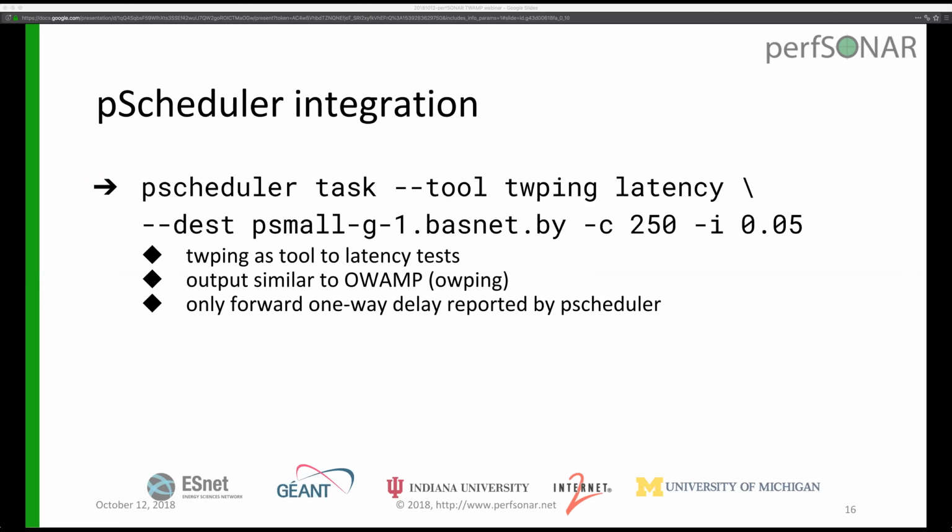You ask pScheduler to perform a task using the TWPing tool. It's a latency test, and the destination is this host in the BASnet network. Again, most of the switches that you can use with TWPing, you can give to pScheduler, which will pass them along to TWPing.